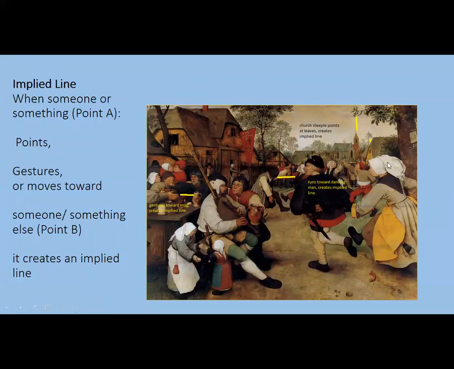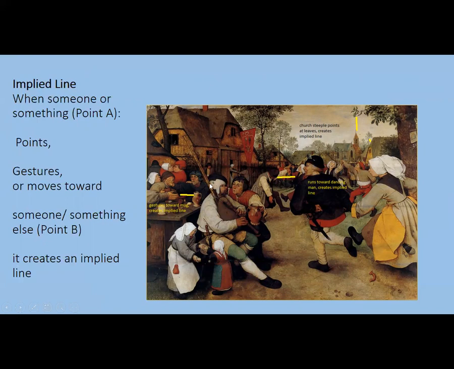So this woman is running, and the movement, like she's moving toward this man. She's point A, he's point B. This man is running and he's point A, and it leads us to this man. This girl is point A, she's gesturing toward this little girl, which leads us to the little girl.